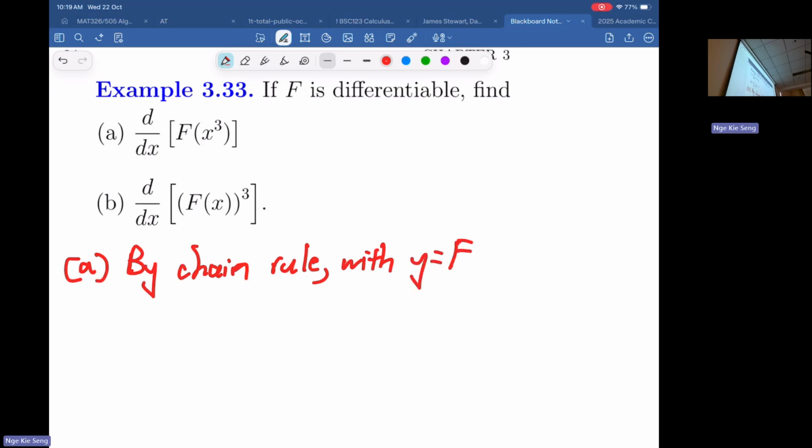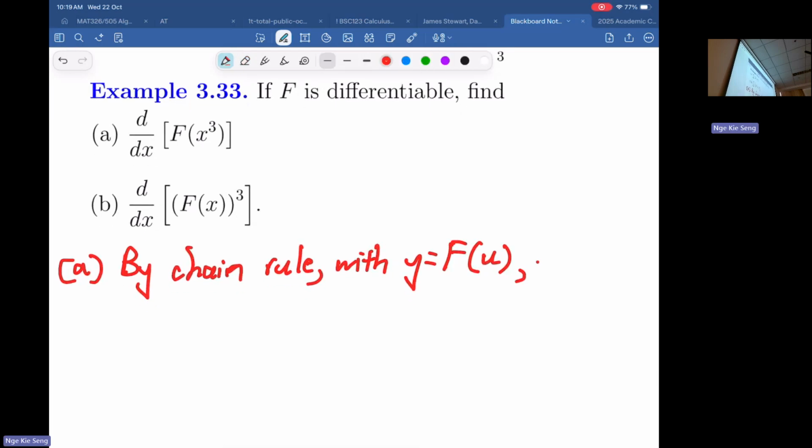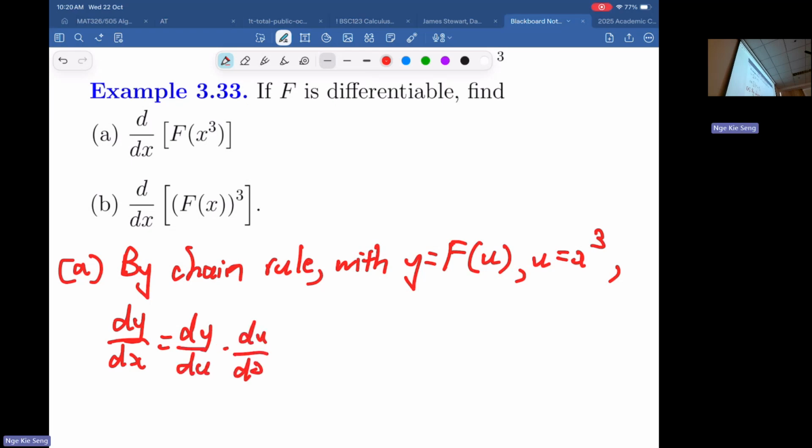Maybe your y is like this, f of u. Then what's your u? You can set your u to be x cubed, right? But then what's the chain rule? dy/dx equals dy/du times du/dx.